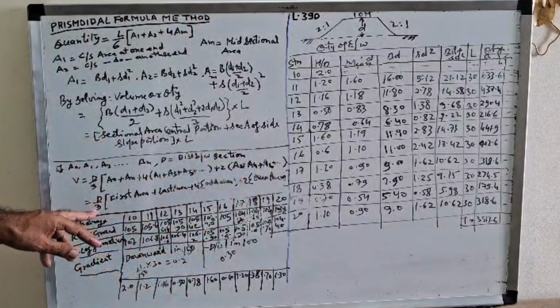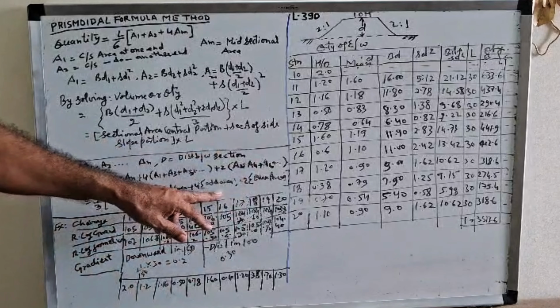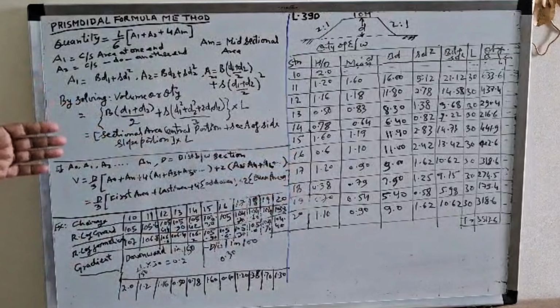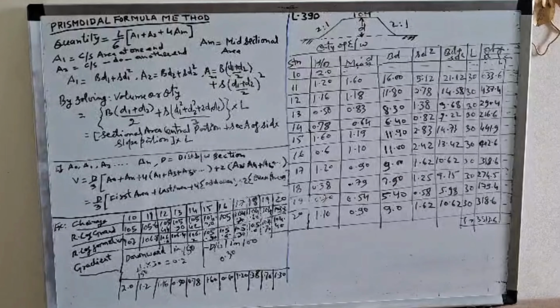So we have written d by 3, first area and last area summation, and 4 times the odd areas plus 2 times the even areas. If you face any problem like that, you can utilize these formulas. Otherwise, you can go for the BD plus SD square formula with average depth.